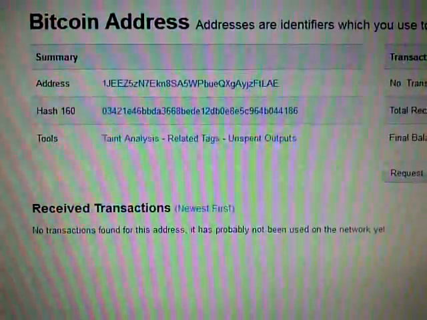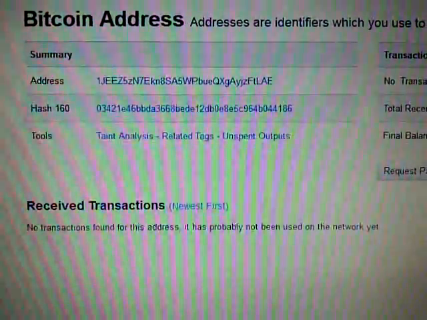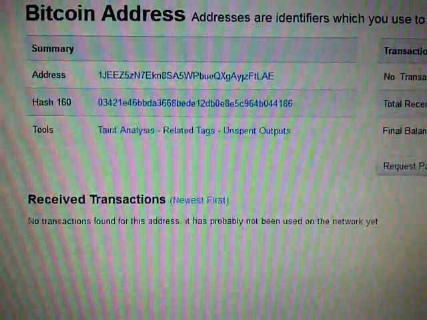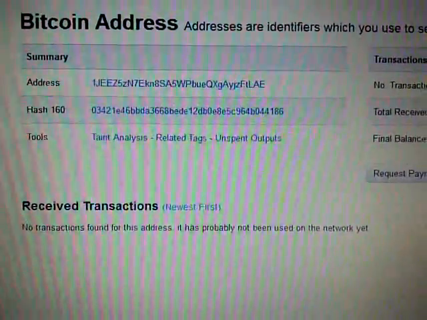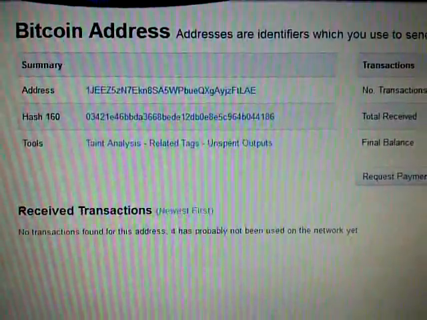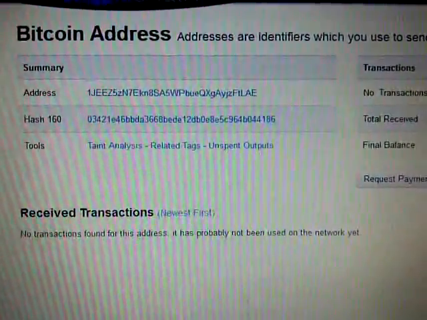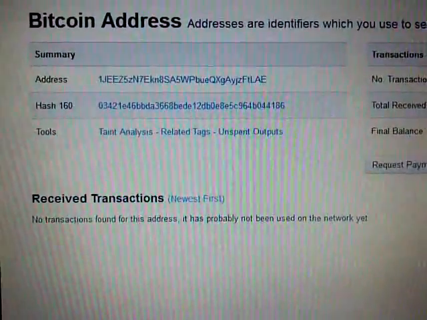Don't send a lot, just play around with it. Just send a few pennies or whatever, 10 cents worth. I just want to show you how it works. Try to track it down. Try to follow it, because it gets to a point where it's like, well, I don't know where it is anymore. Okay.